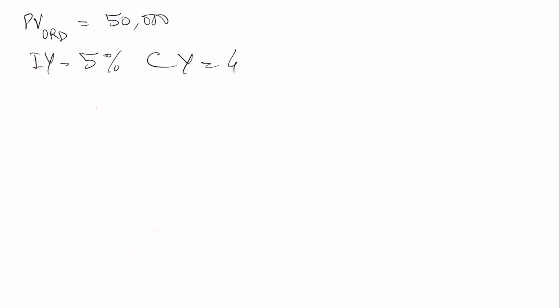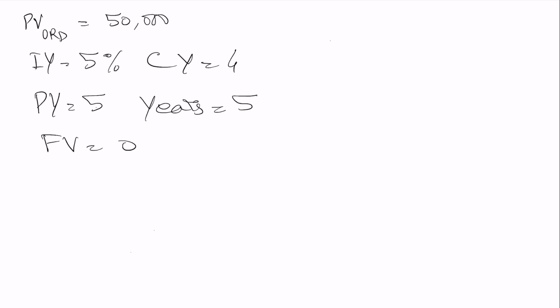The given here is present value ORD, ordinary, which is $50,000, and then we have an I/Y, which is 5%, and if we want to find out, C/Y is equal to 4 and P/Y is equal to 4, and the years are equal to 5, and the future value is going to be 0.